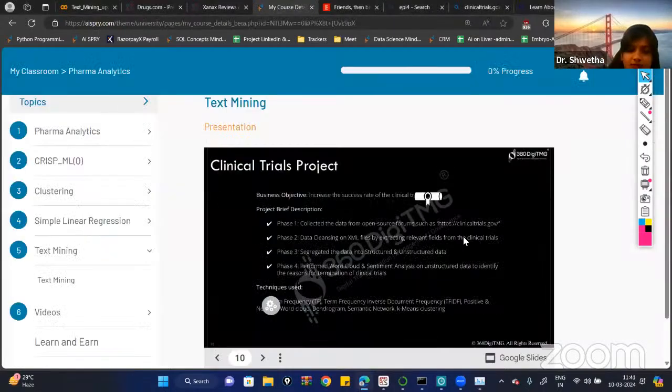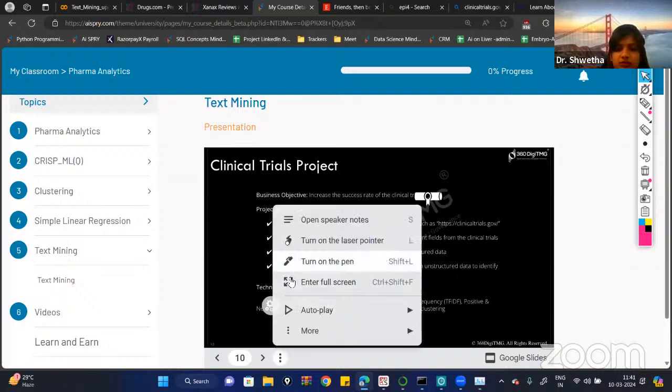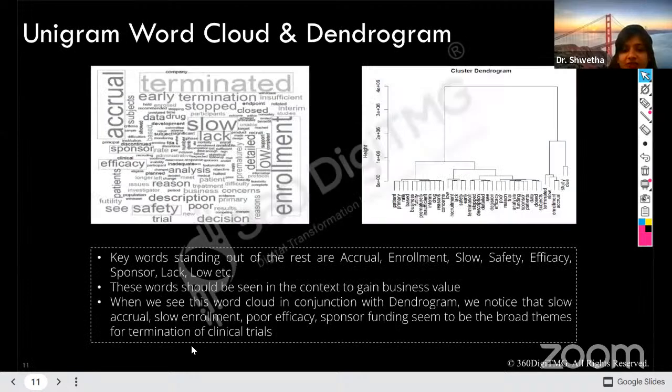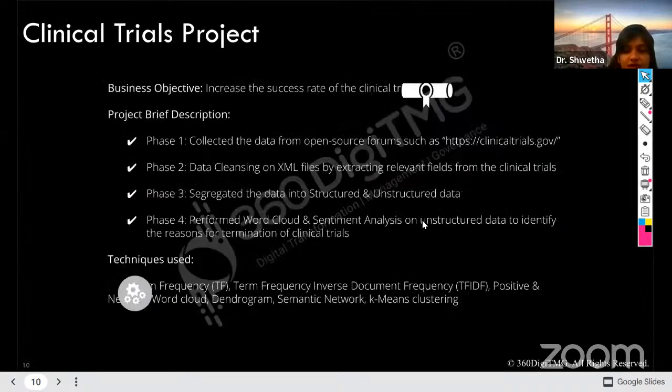Now, we are collecting the data from the open source forums like this website which I have shown. There, we will scrape the data. So, data cleansing on XML files by extracting relevant fields from the clinical trials.